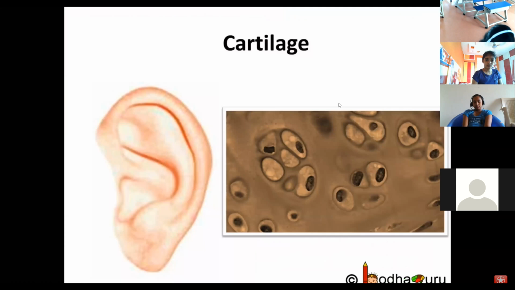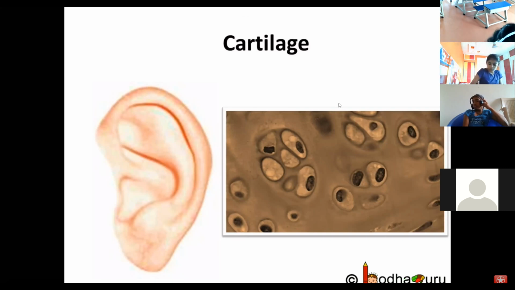Touch your ear. It's hard but flexible, unlike bones. This is cartilage, another kind of connective tissue which has widely spaced cells. Cartilage has a solid matrix and is made of protein and sugar. Hence, it is solid but flexible. Cartilage also smoothens bone surfaces at the joints.